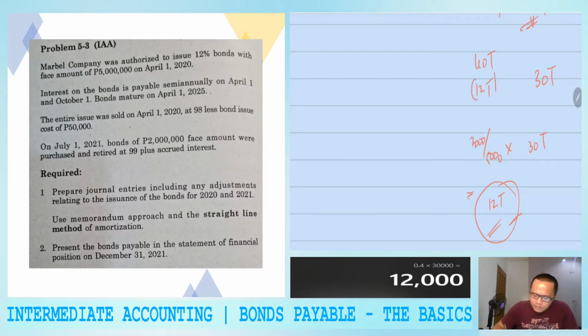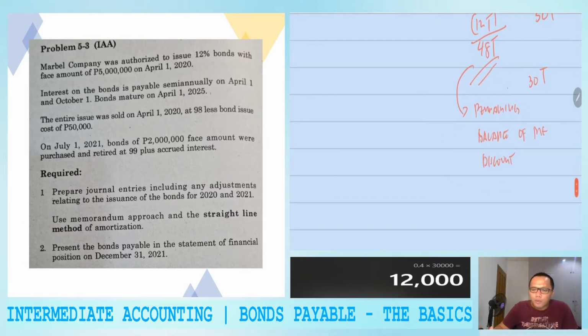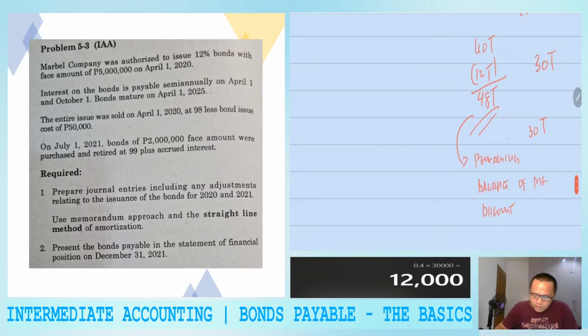So that means na the 48,000, okay, this is your remaining balance, okay, that is the remaining balance of the discount, okay, applicable to the 2 million.